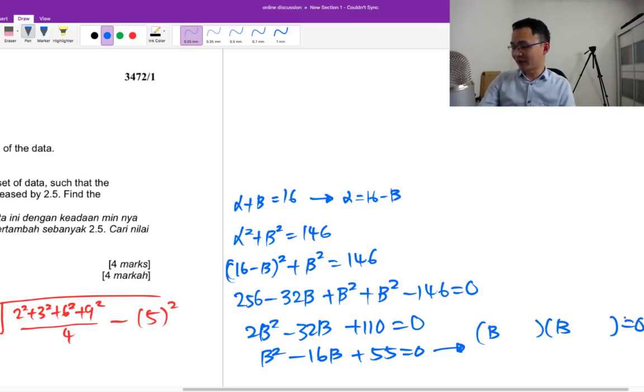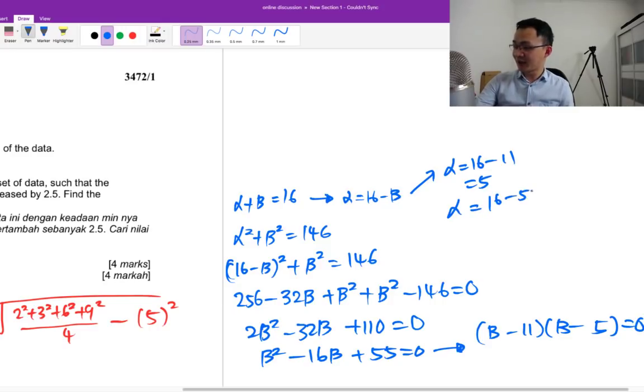Okay, so beta. I hope it can factorize. 11 and 5, right? Yeah, 11 and 5. So it will be minus for both. Alright, so when beta equals to 11, my alpha is just 16 minus 11. So alpha I get 5. So when beta equals to 5, I get 11.